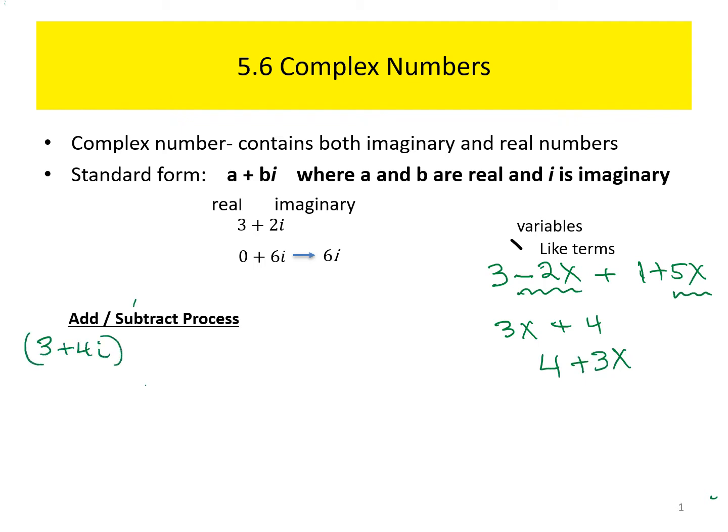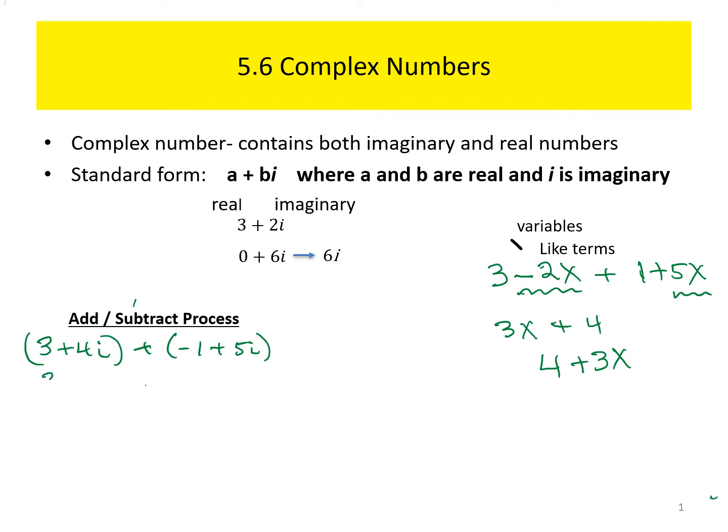So now we're going to go over here on the left, and we're going to do the add and subtract process for complex numbers. First we have the 3 plus 4i. Then we're going to go ahead and add a negative 1 plus 5i. Now remember, we want to do the same as we do with like terms and variables.